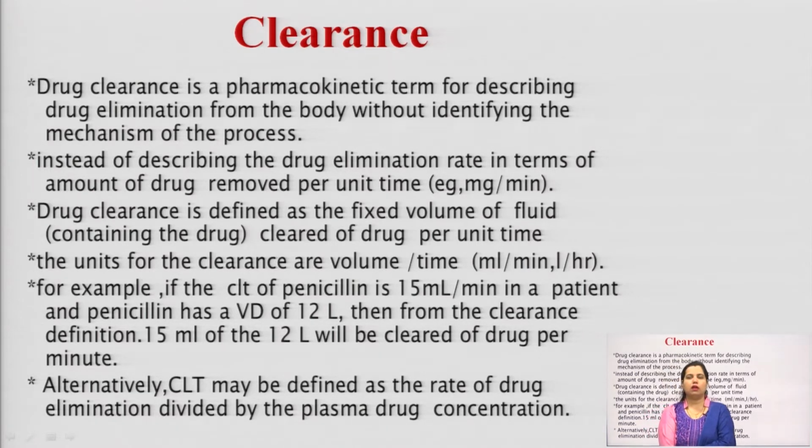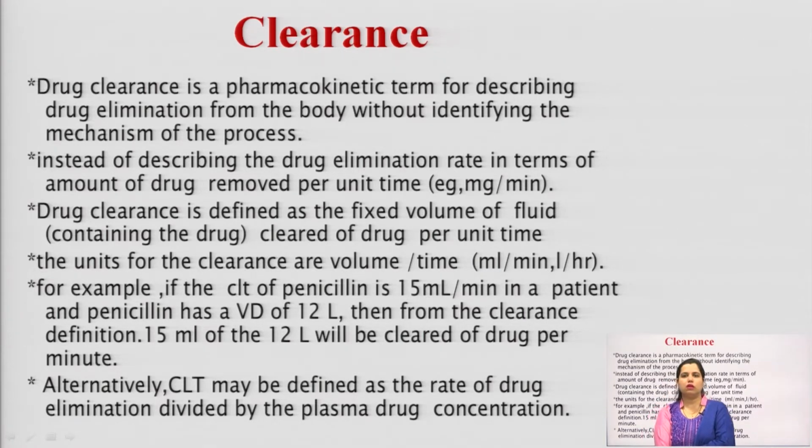Basically, every organ has its own ability to eliminate the drug by its own mechanism. So, it is unknown, and to identify the drug eliminated, we generally use this term clearance.